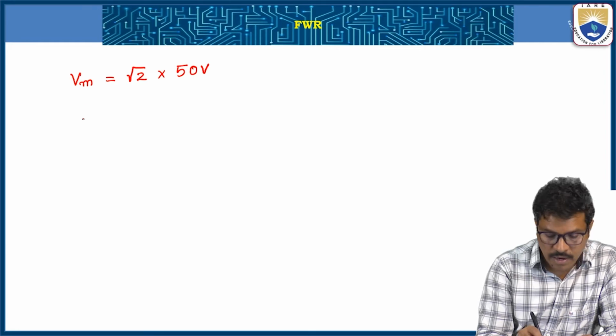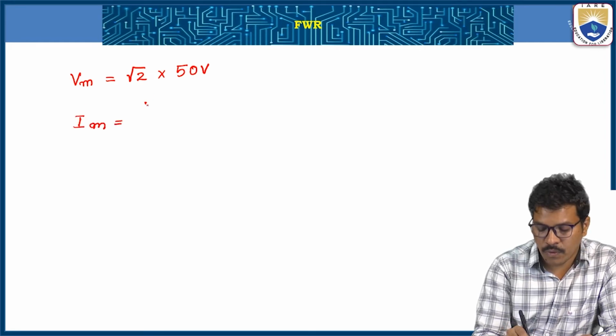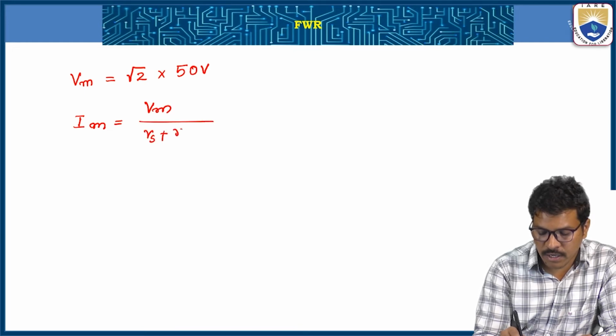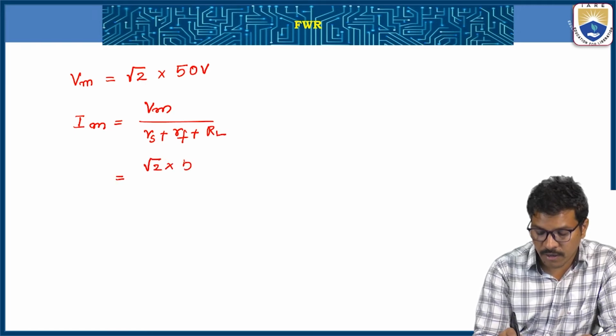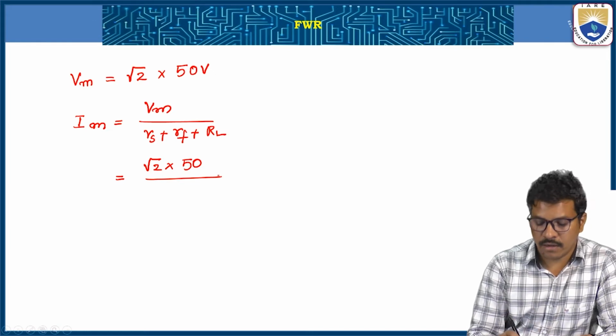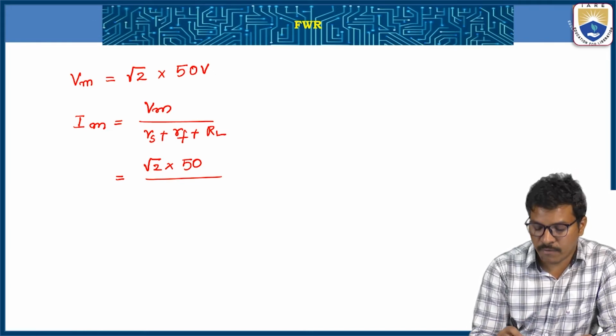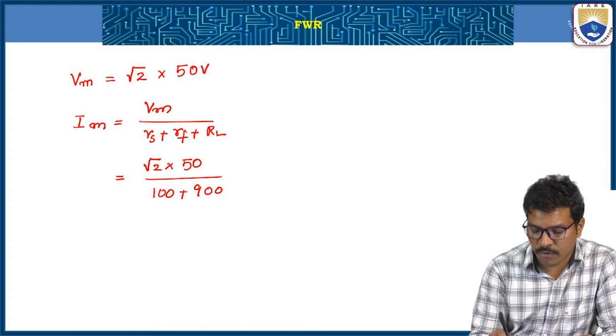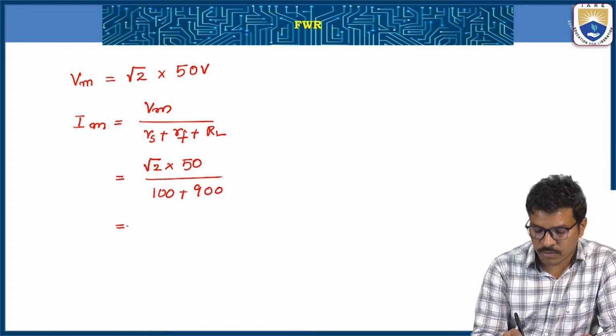Then Im is equal to Vm by Rs plus Rf plus RL. Vm is root 2 into 50, divided by Rs plus Rf combined, which is given in the problem as 100 ohm, and the load resistor is given as 900 ohms, totally 1000 ohms.